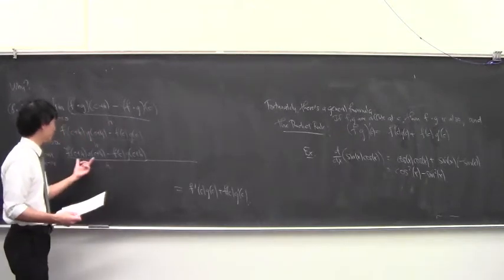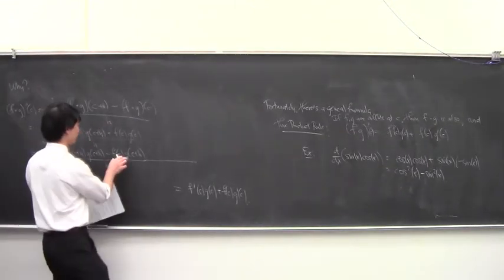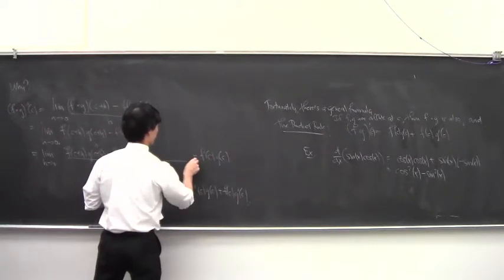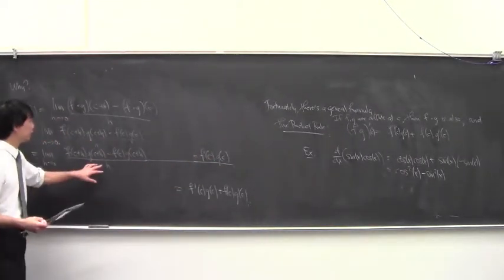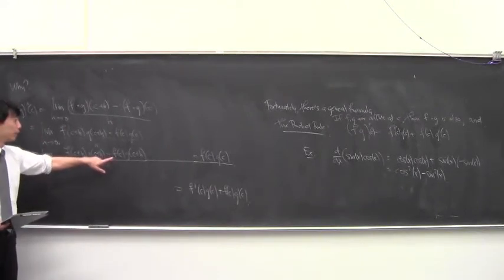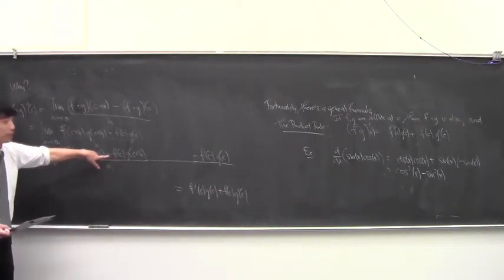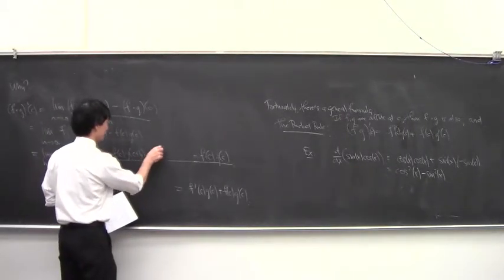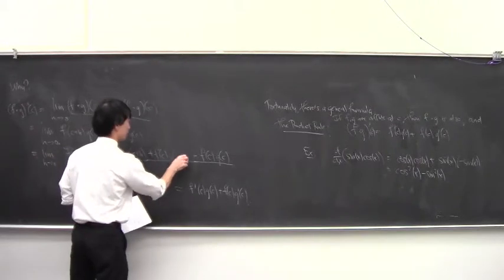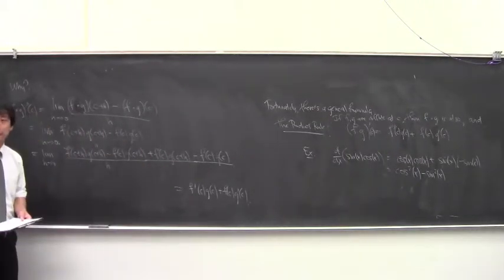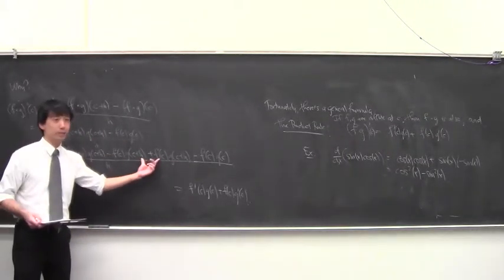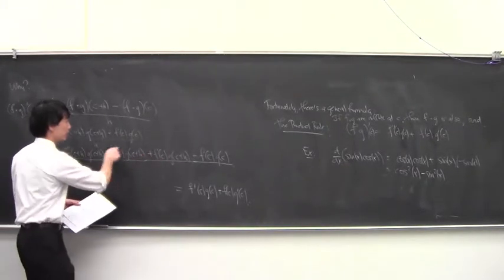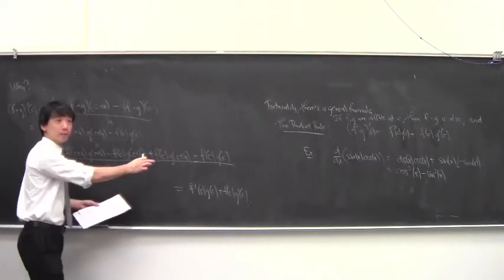You can't just put that in whenever I feel like it. I'm sneaking in the thing that I want. So I'm going to take it out also. I'm adding in a funny 0, a cleverly chosen 0. In the middle, I'm subtracting something and adding on something.